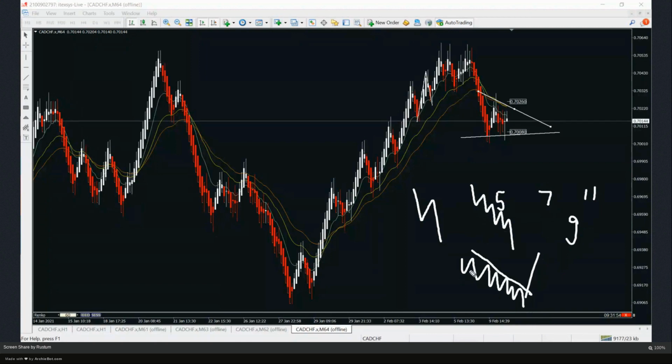So your M6 is more looking at Elliott waves correction. Now it's got a lot of various corrections. So whatever the correction is, try and identify that and then go.